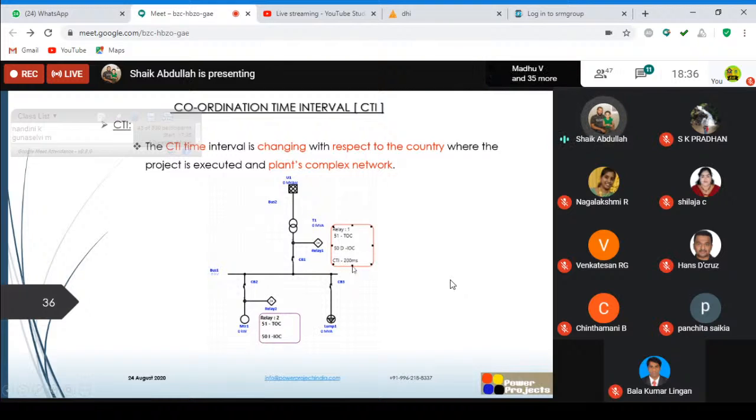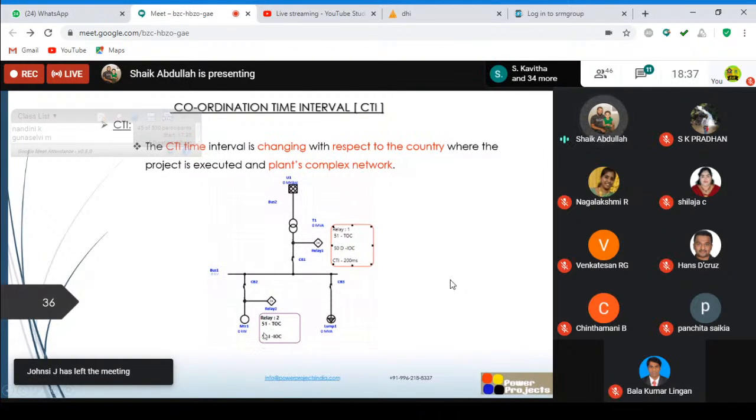Different relays have different timing, but nowadays modern technology is numerical, microprocessor-based relays, which require a minimum coordination time interval of 200 milliseconds. Whereas if you use electromechanical relays or static type relays, the time will be higher, at minimum 400 milliseconds between these two relays.